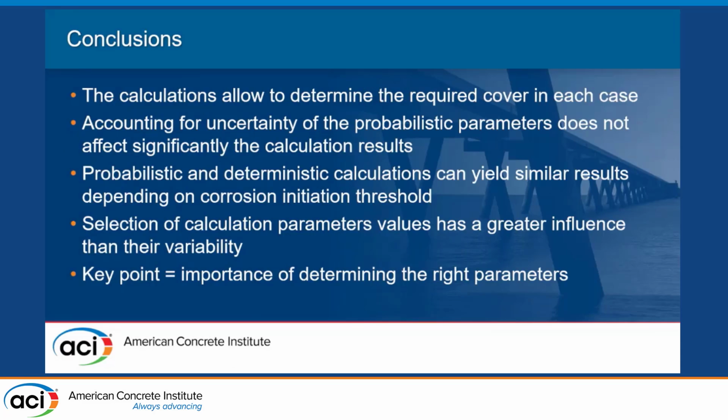And finally, yes, we were able to determine a required cover in each case. So these calculations can be used for that. Instead of using the codes, we could use the calculations to determine the exact required cover. We are accounting for uncertainty of the probabilistic parameters, and it doesn't affect significantly the calculation results.